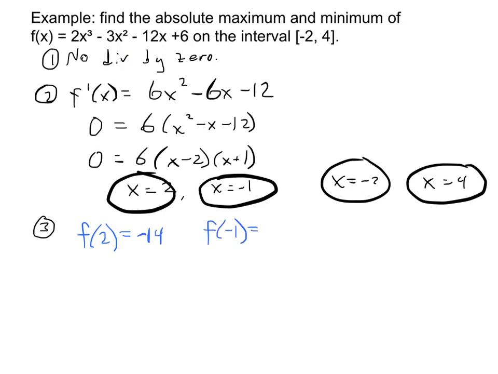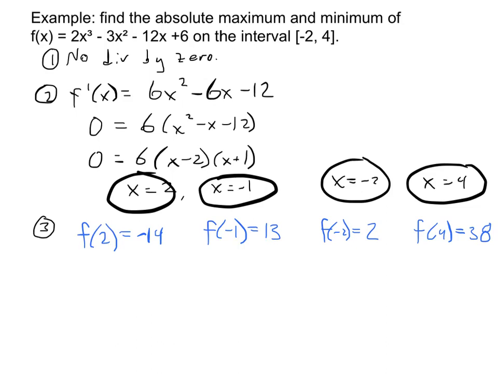F of negative 1 is, and I worked these out ahead of time so that you wouldn't have to watch me fumble through arithmetic right now, 13. F of negative 2 is 2, and f of 4 is 38, right?